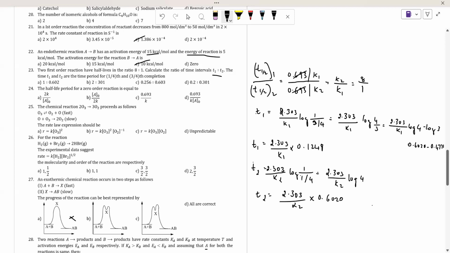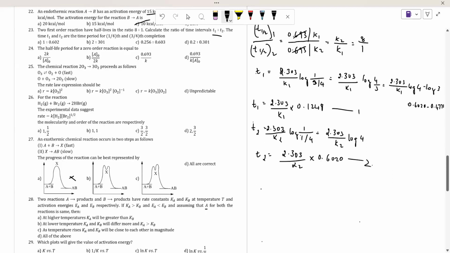Now since they are asking for the ratio of T1 and T2, we will take the first equation to be 1 and the second equation to be 2. Divide equation 1 by equation 2. So what will it become, students?